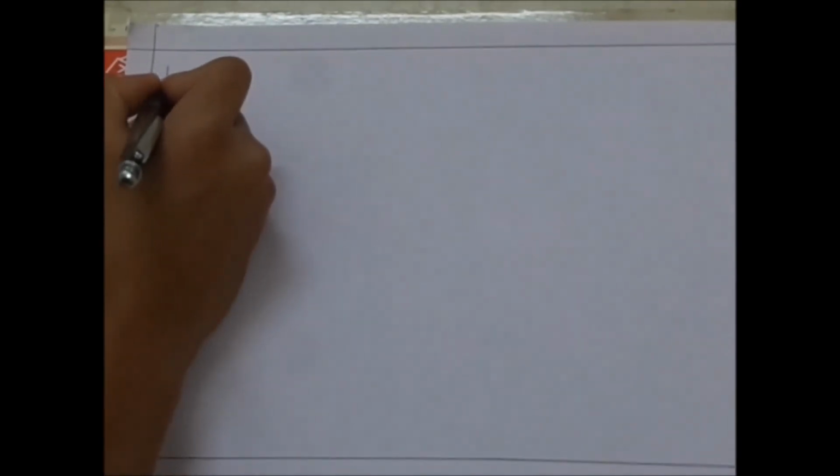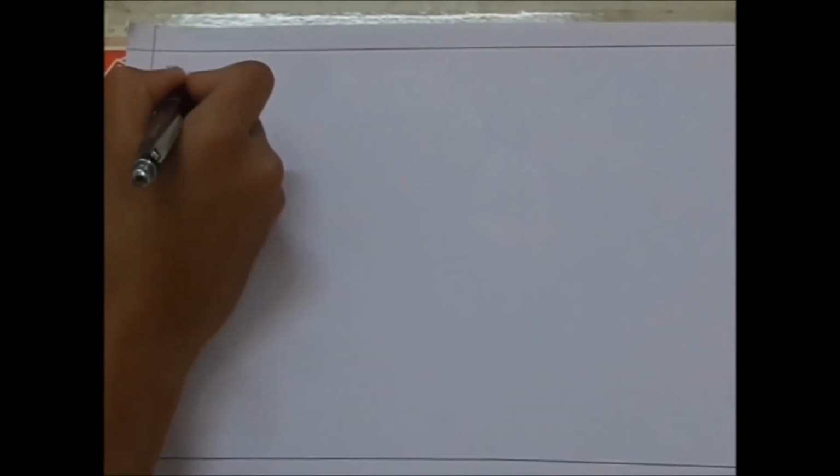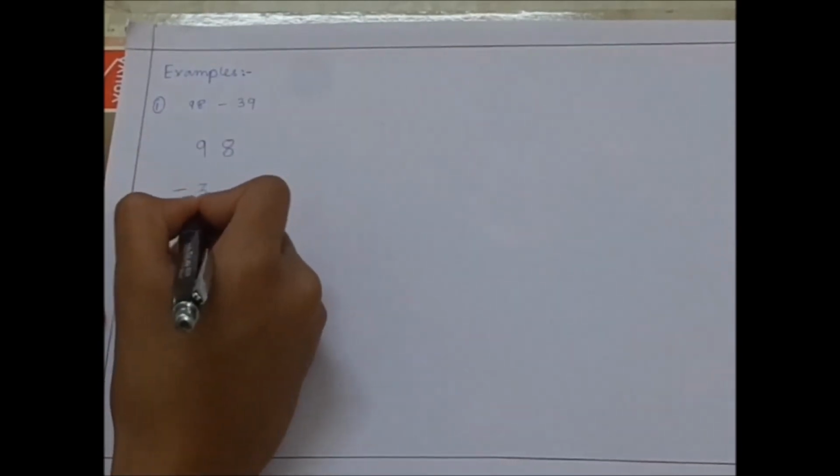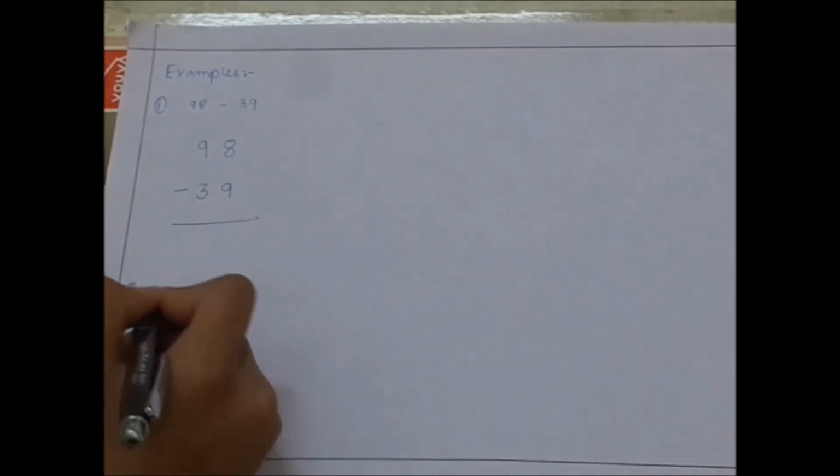So let us check with one more example. Let that example be 98 minus 39. So we'll write it in our traditional method form. We know that the first step is to subtract the unit digits.